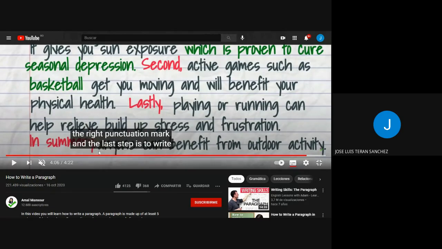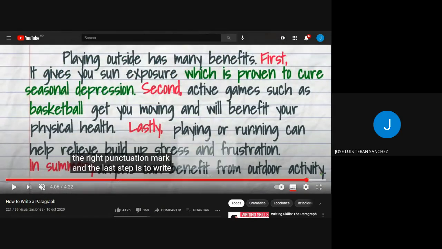And look, you simply write your final sentence, which is the concluding sentence, and that is a paragraph. This is a correct paragraph.